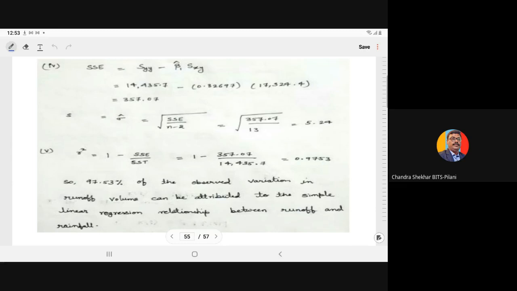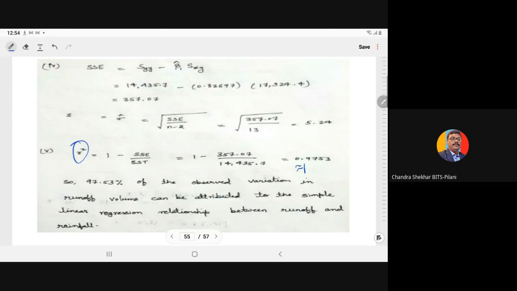In this case the coefficient of determination we denote by r square. So r square is equal to 1 minus SSE upon SST. So it will become 1 minus 357.07 upon 14435.7, that is 0.9753. When we have 0.9753, you can see it is near to 1.